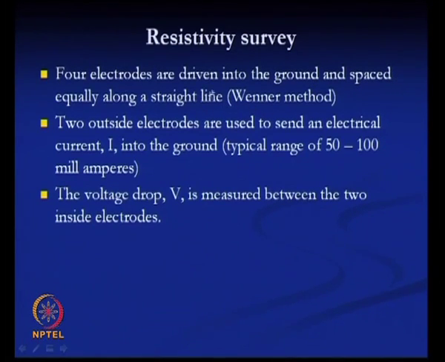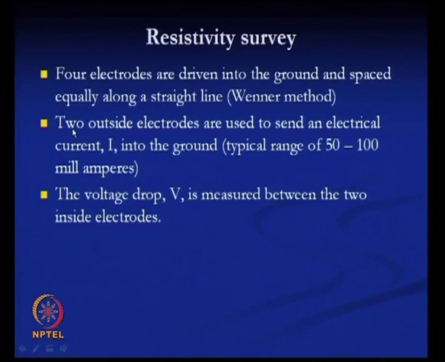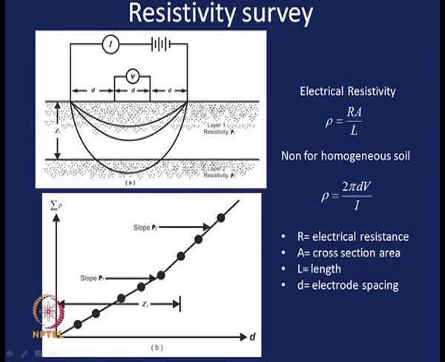This arrangement is called the Wenner method. Here these are the 4 electrodes, 1, 2, 3 and 4, driven into the soil layer in a straight line with equal spacing. Suppose d is the distance between the electrodes, so this is the electrode spacing, or the spacing between two electrodes.